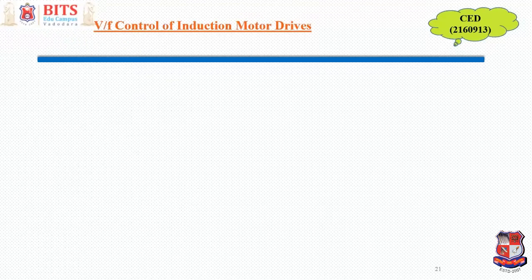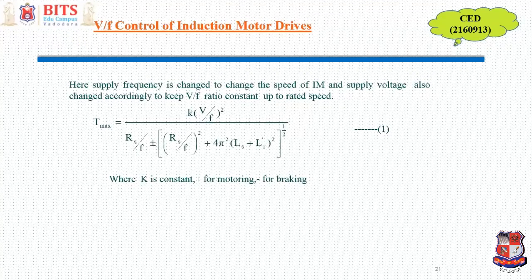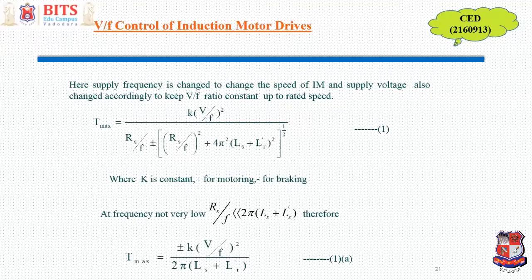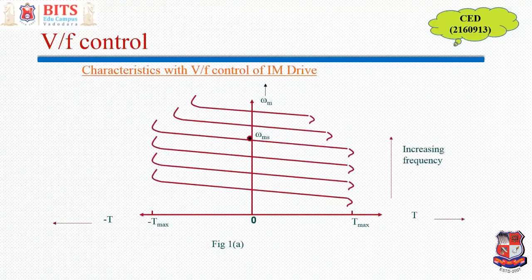Now V by F control concept, it was shown that maximum torque remains constant as long as V by F is constant. So if you change frequency, if you change voltage such that the ratio is constant, motor's maximum torque remains constant. In short, motor has the parallel characteristics in this fashion for different frequencies.